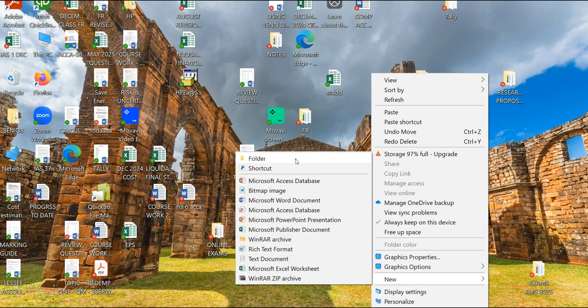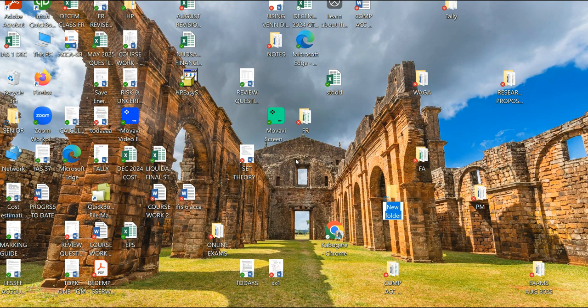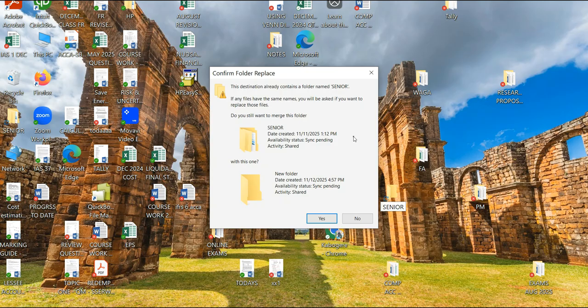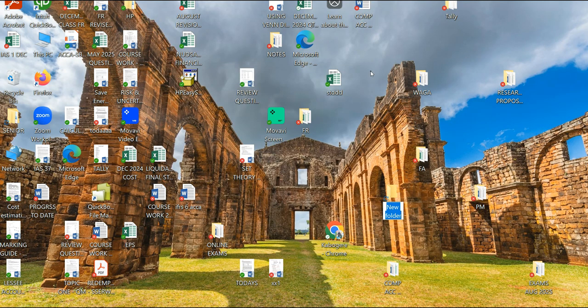Normally you will be required to use your student numbers or registration numbers as the name for your folders. Assuming my name is senior, my folder. Oh, there is already a folder named senior. Okay, let me use Huntington as my folder name.